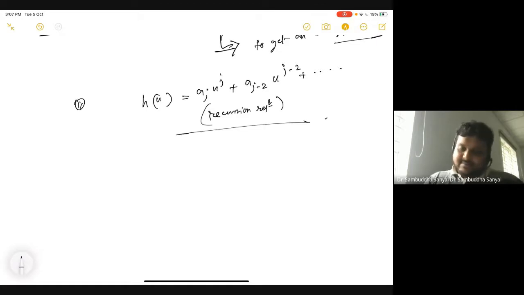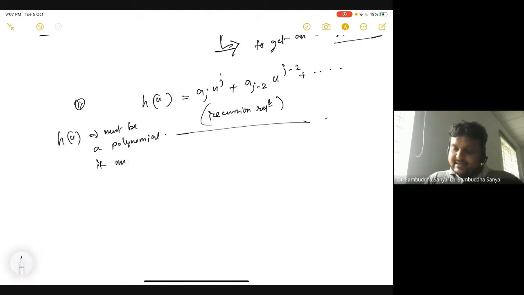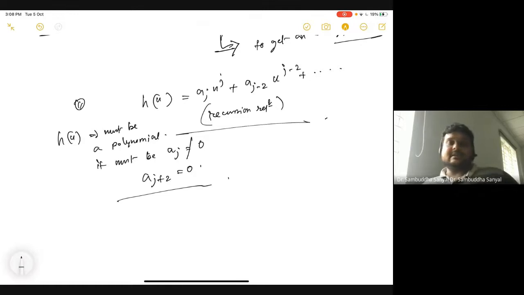And the termination condition is that h(u) must be a polynomial. That means it terminates such that some a_j is not equal to 0, but the next a_j is 0. That must happen.